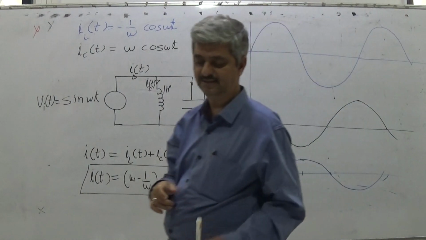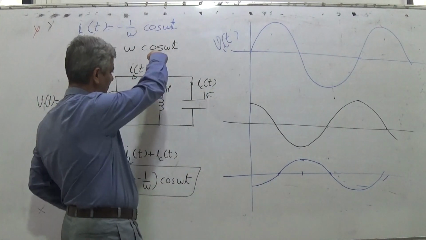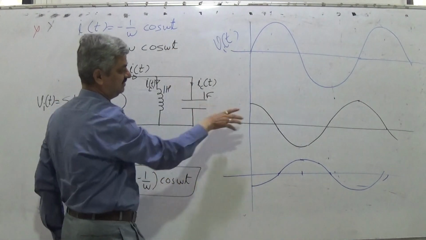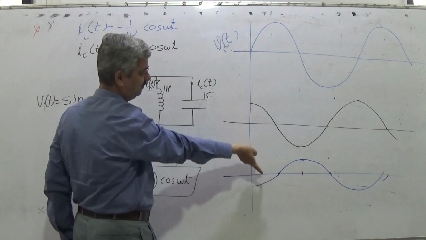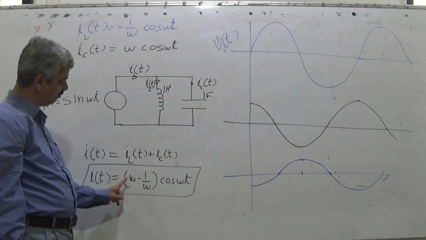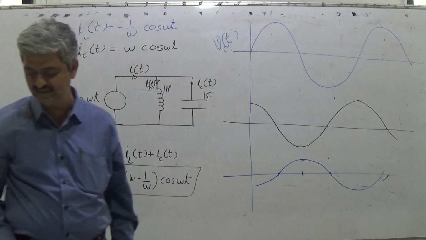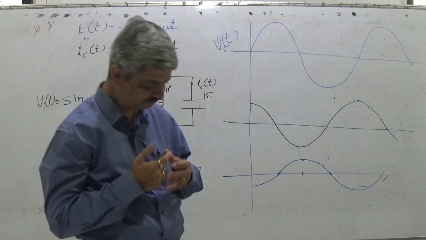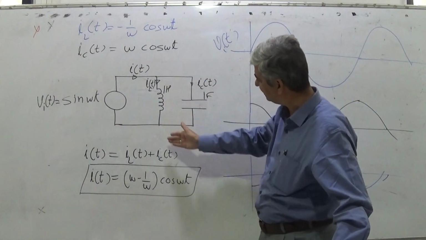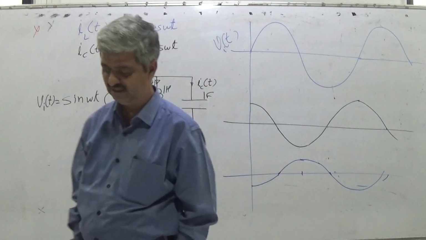So what we find is that when current is in this direction in inductor, it is in this direction in capacitor, they are exactly 180 degrees out of phase with each other, and net current would be the addition of these two. So omega cos omega t minus 1 upon omega cos omega t. Then obviously there will be a situation where inductor current and capacitor current are always opposite in phase.